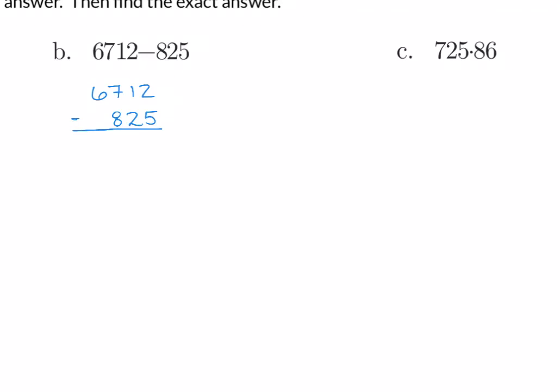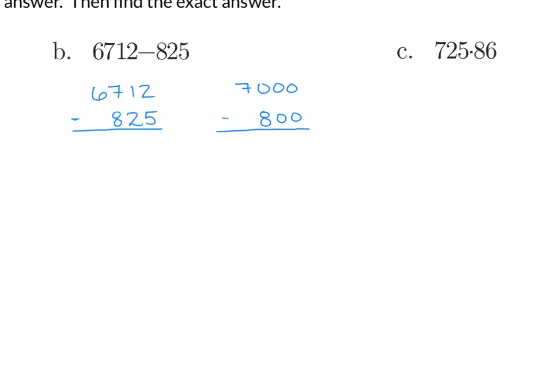So 6,712, if we round this to the front, this becomes 7,000. 825, if I round that to the front, we round down to 800.